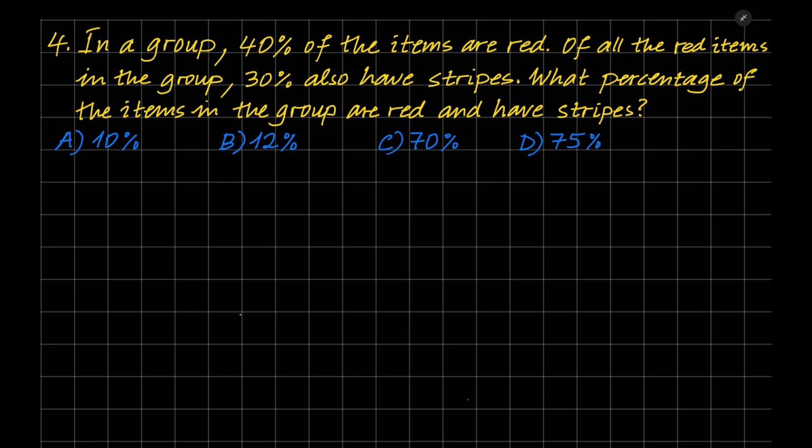Of all the red items in the group, 30% also have stripes. What percentage of the items in the group are red and have stripes? It's given that in a group, 40% of the items are red.